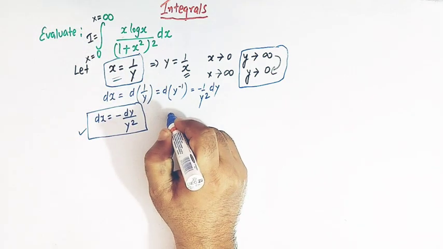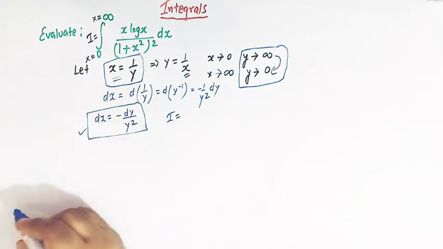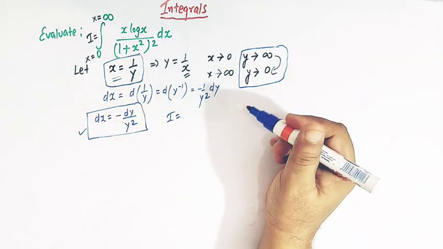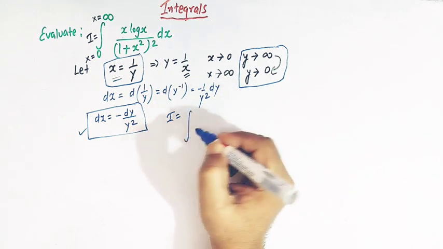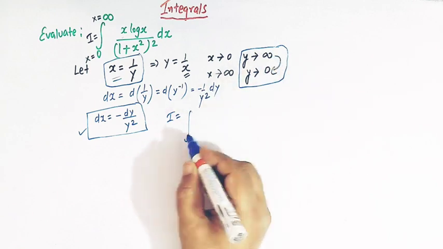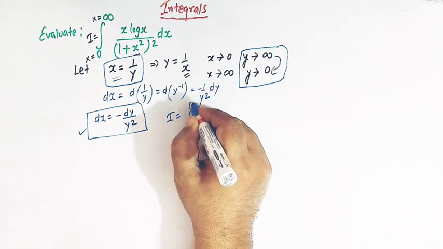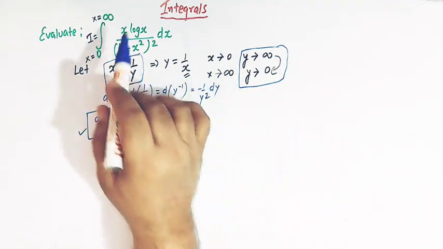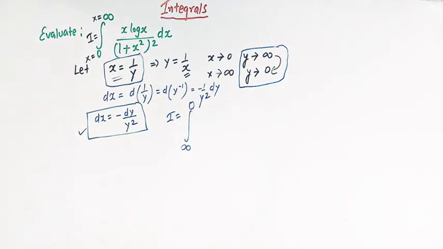So now we can write this integral I in terms of y, right? So we had the limits from 0 to infinity, and now we have the limits from infinity to 0, right? And for x, we can replace x by 1 over y.